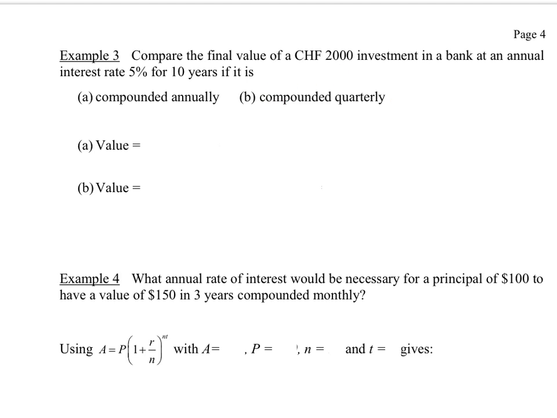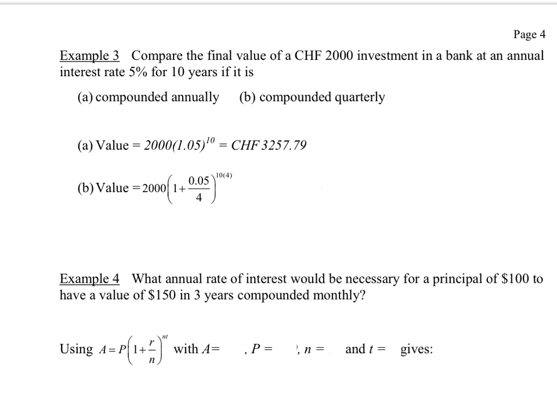In the first case we use the original equation: 2000 times 1.05 to the power of 10. Calculate that, and we'll get 3,257 francs and 79 centimes. So that's straightforward. However, in the second example, we would have to enter this.